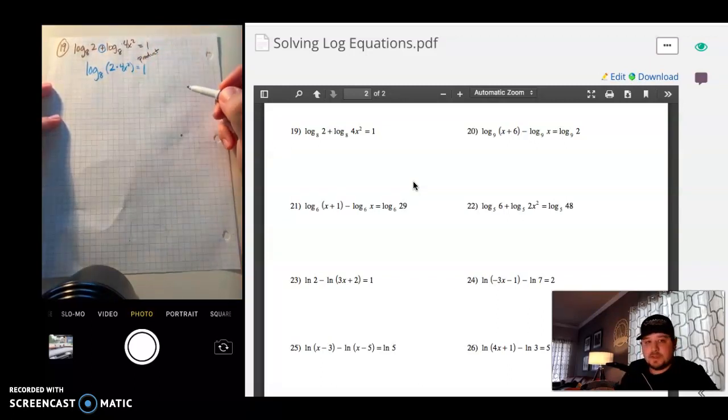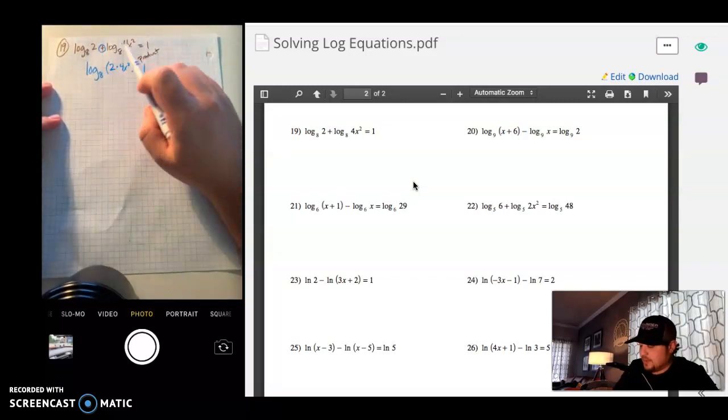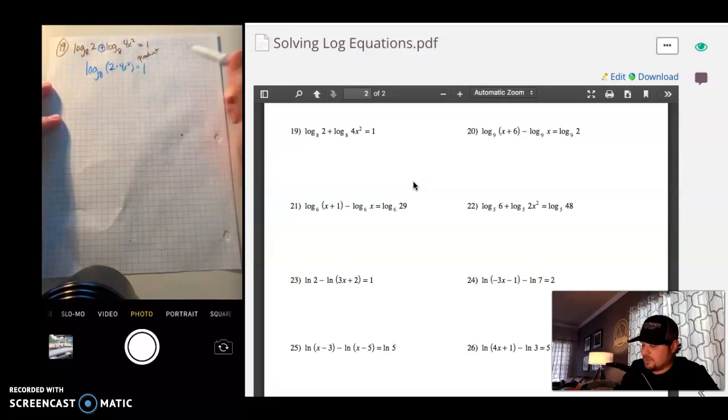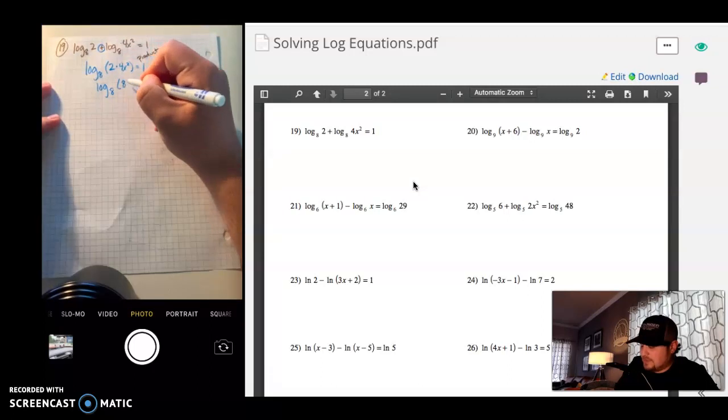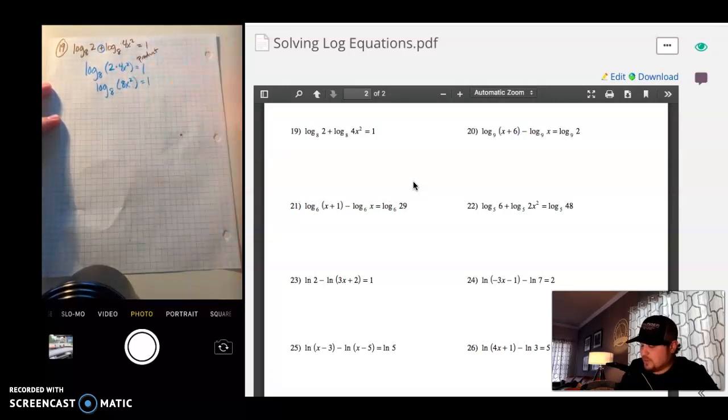So I have put the 2 and the 4x squared into 1 argument. Now I can make this log of 8 of 8x squared equals 1.